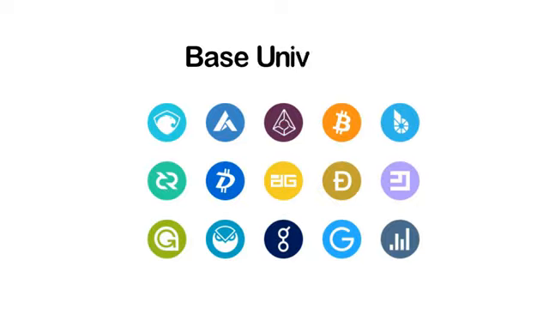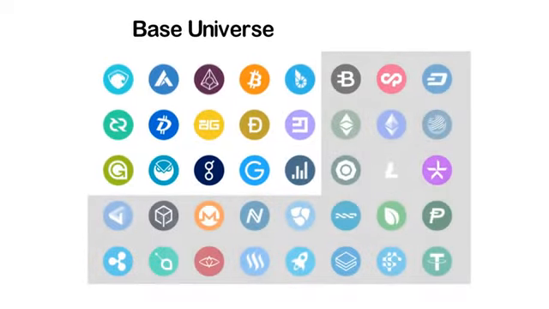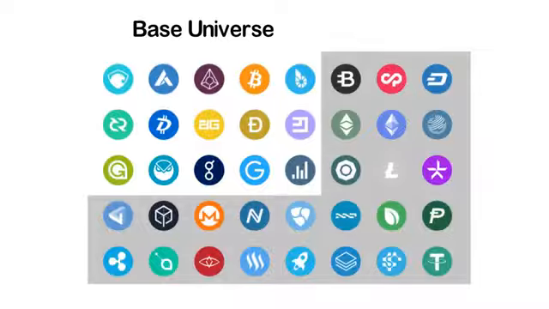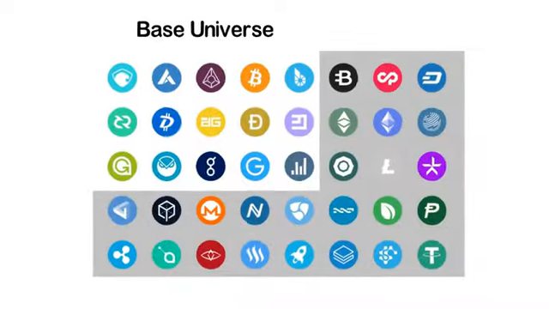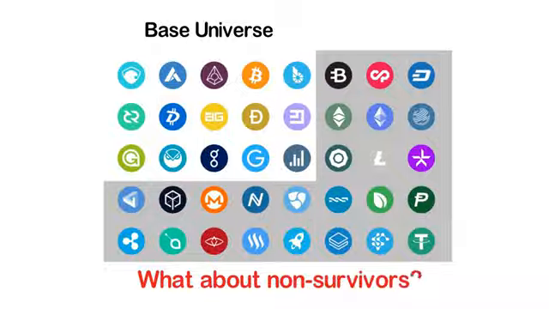One possible way to go about the universe selection would be to simply look at the currently most actively traded cryptos and then use them as the base universe. However, then the results would be heavily biased from survivorship bias since we are not considering currencies that no longer exist or used to be much more popular than they are today. In other words, we are applying a filter to only consider the surviving cryptos from today's perspective. So be very careful when developing your own bots and always ask yourself whether you are unknowingly applying such a filter.